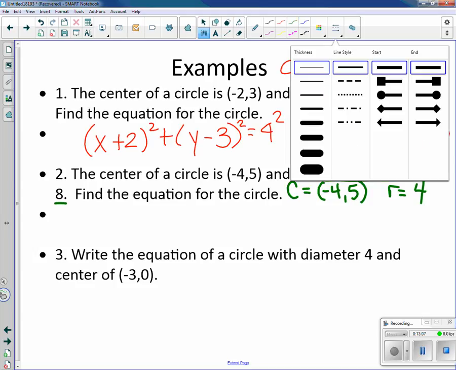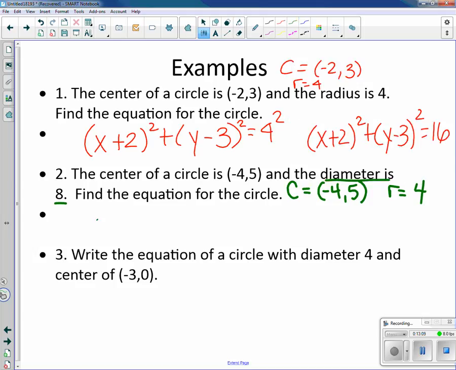So this becomes x plus 4 squared, y minus 5 squared equals, and I'm just going to go all the way through, 16. Why 16? Because remember, it is 4 squared.